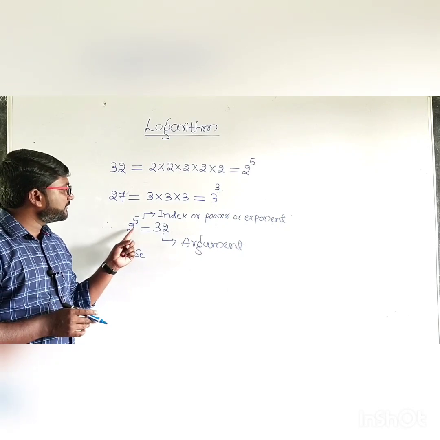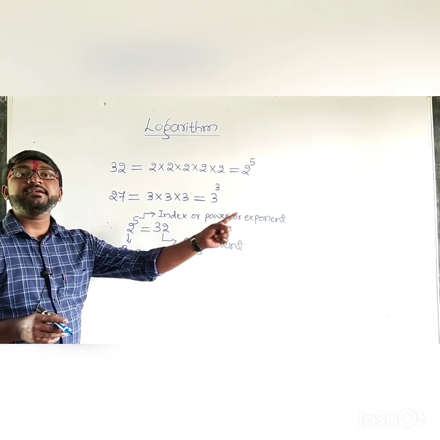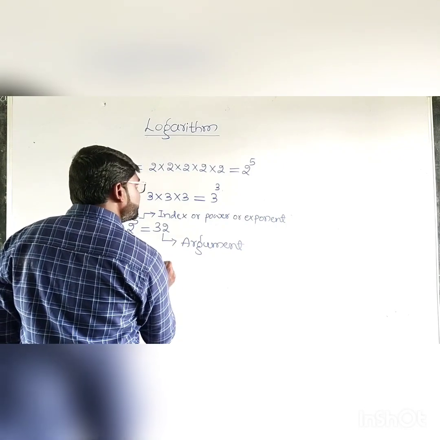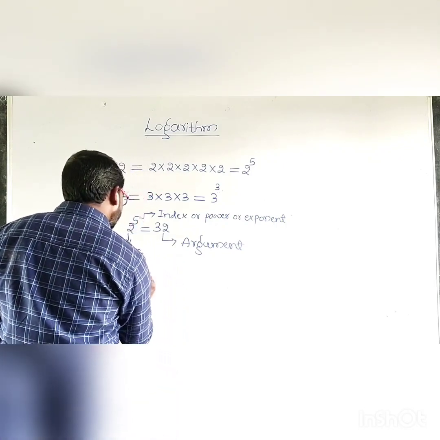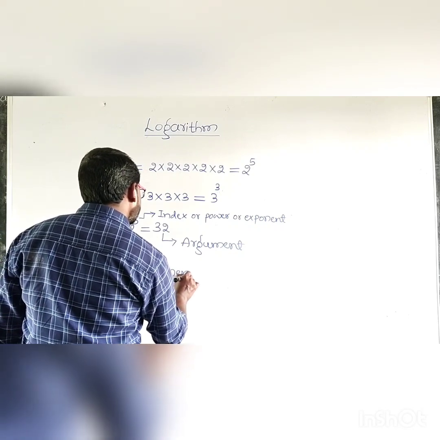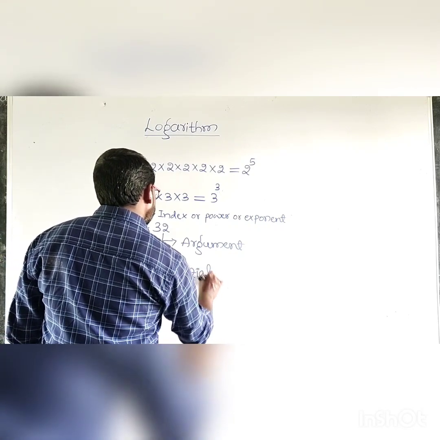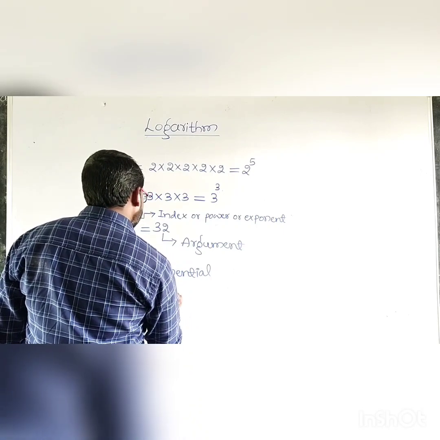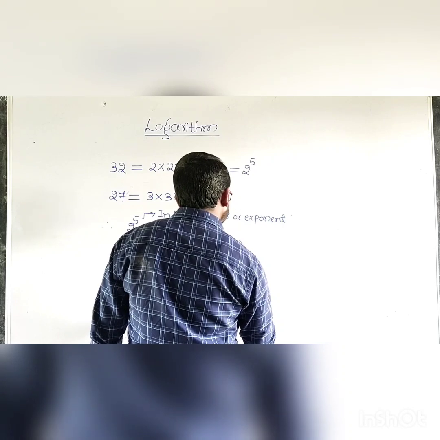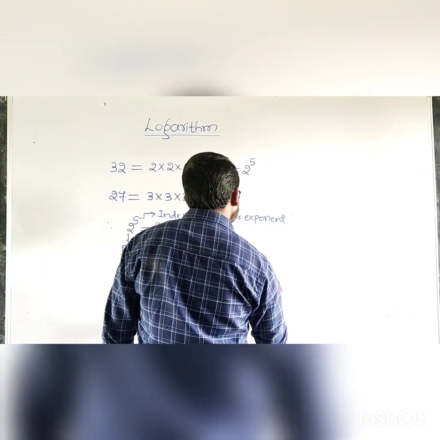Now I write this exponential form in terms of logarithmic form. See here, on this side the exponential form, then on this side I will take the logarithmic form.